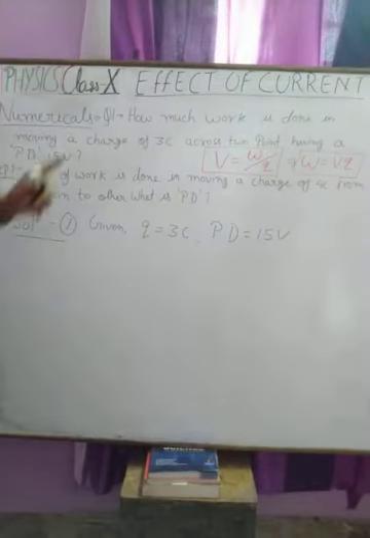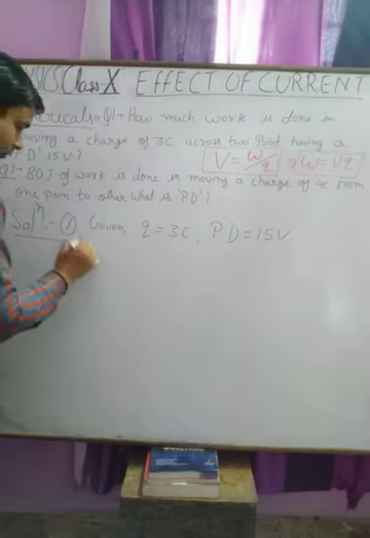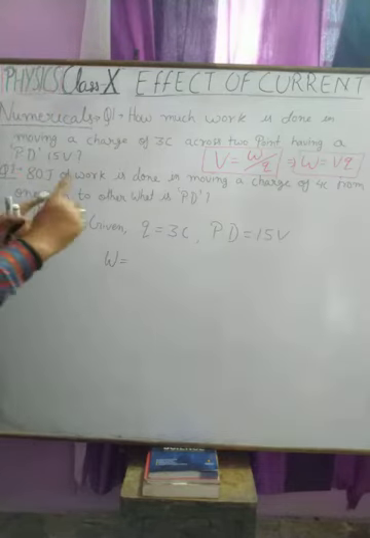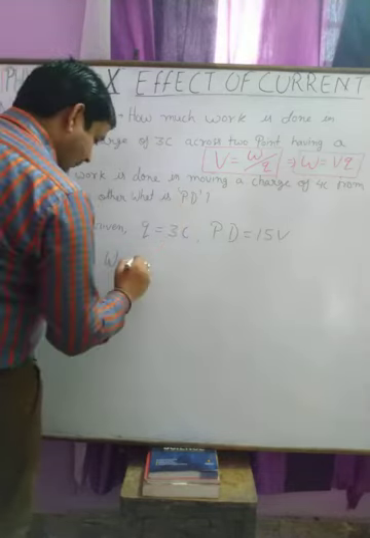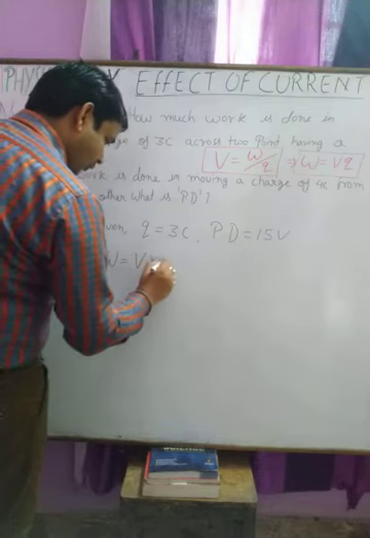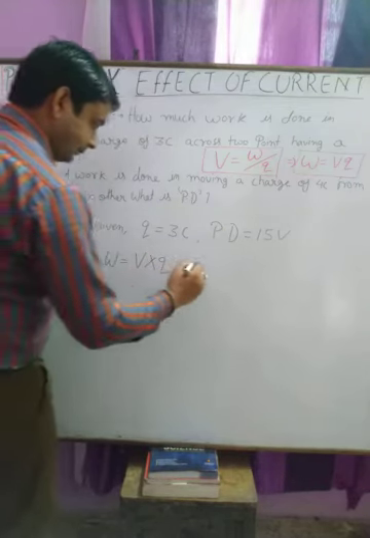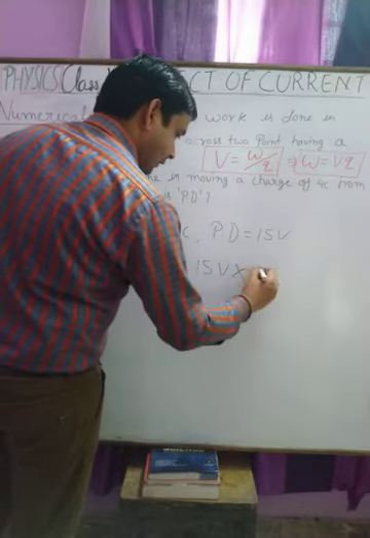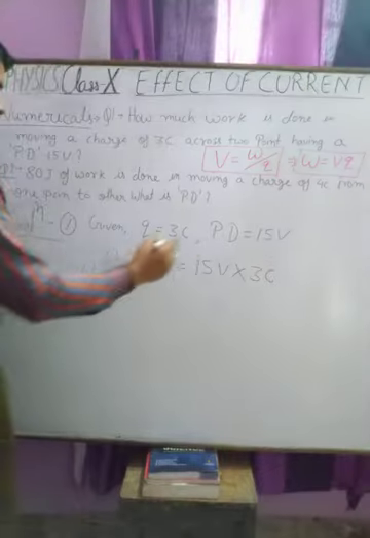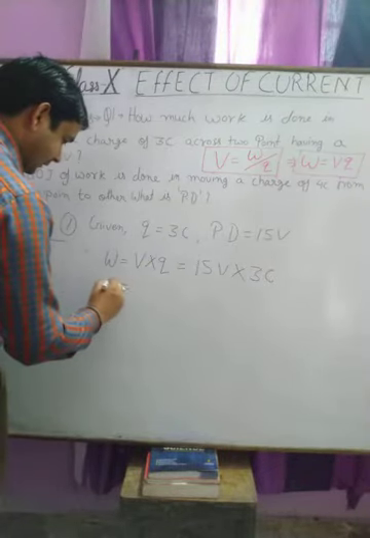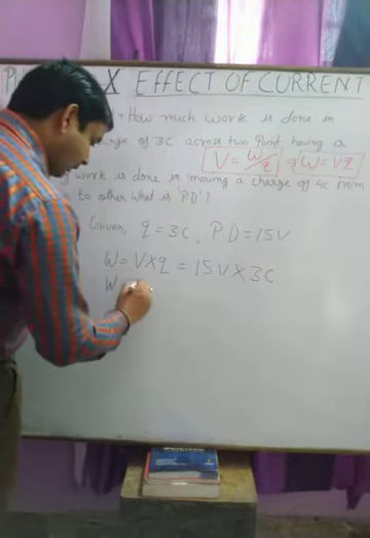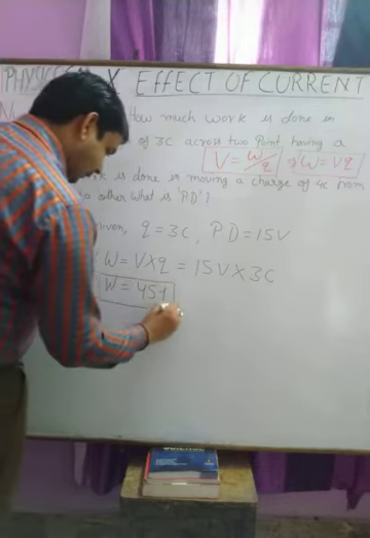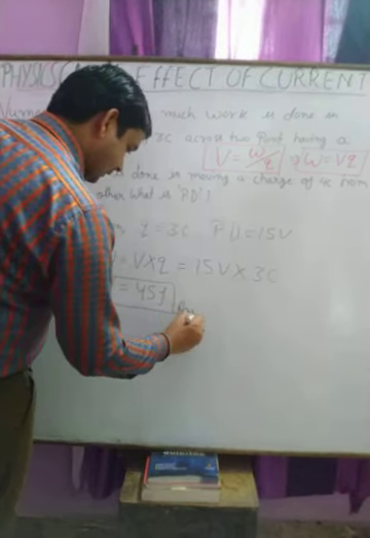Now we have the formula, therefore work done in moving the charge between the 2 points is given by V into Q, that is 15 volt into 3 coulomb. On solving we get the result: W is equal to 45 joule. This is the first answer.